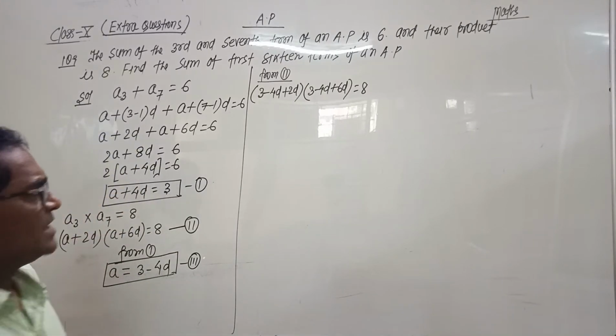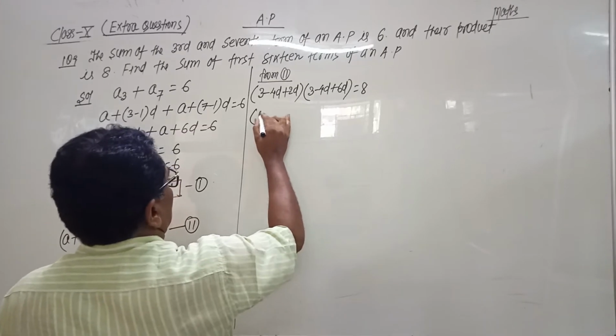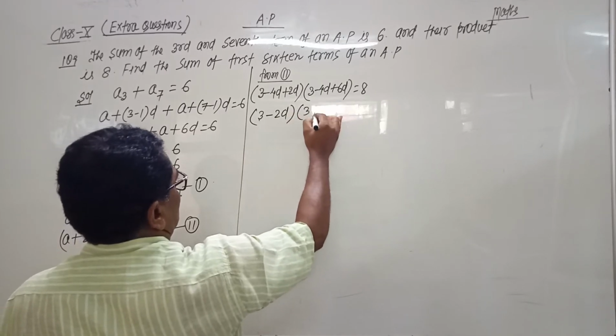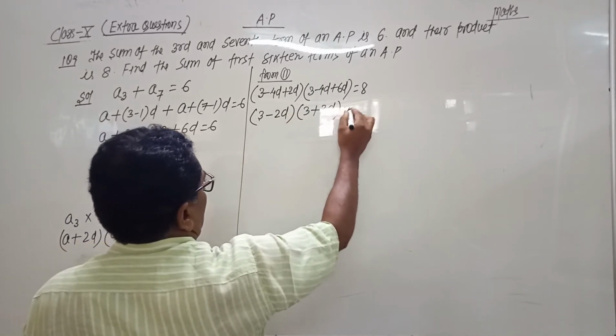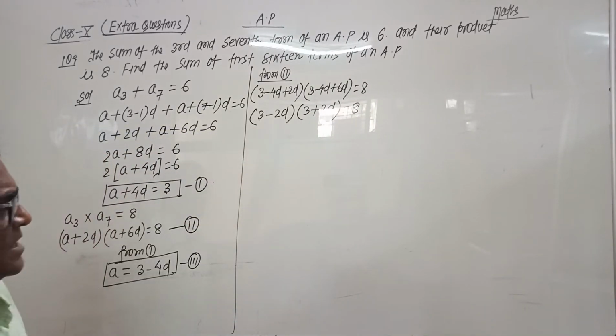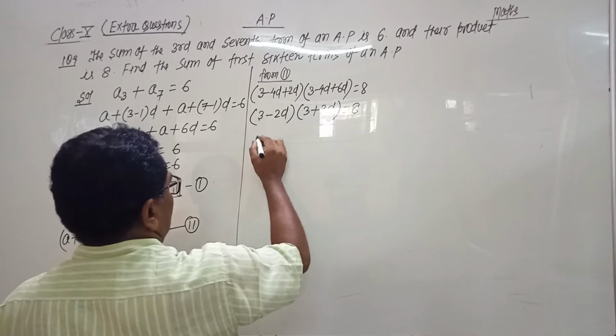We solve this and find the value of d. So it gives (3 minus 2d)(3 plus 2d) equals 8, which is of the form (a minus b)(a plus b), a square minus b square.